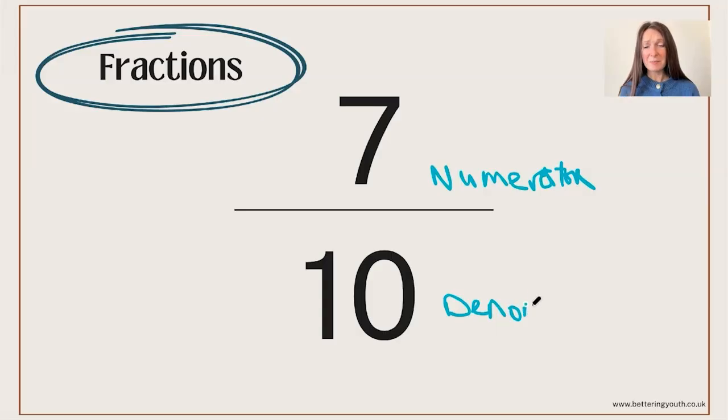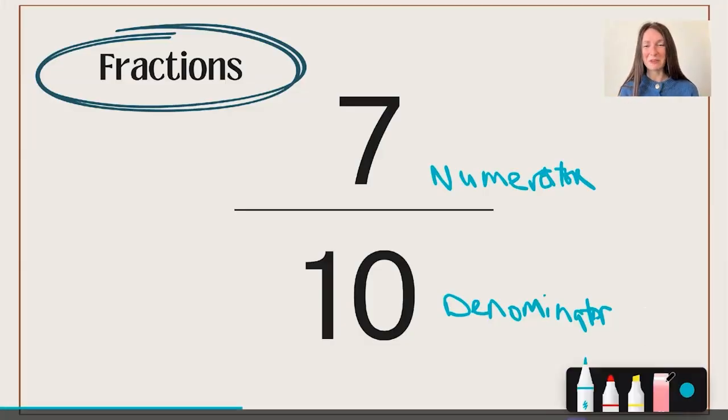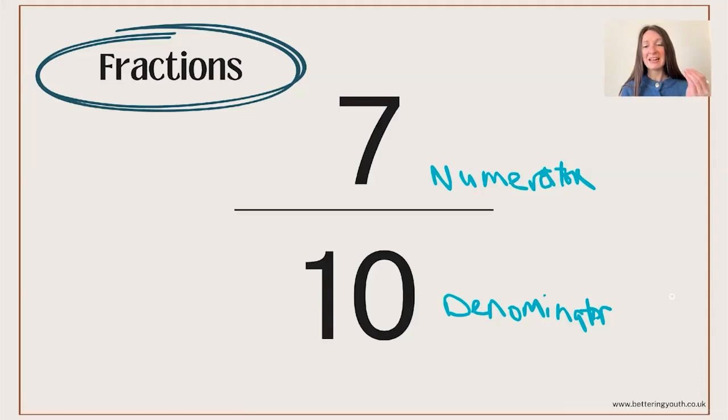Now this should feel familiar. Your child and yourself may find that these words are quite familiar because we've looked at them probably since year 2, year 3. So these are just vocabulary words that are rattling around in that brain of theirs, and we might need to pull them to the front. So our fraction has a numerator at the top and a denominator down below.